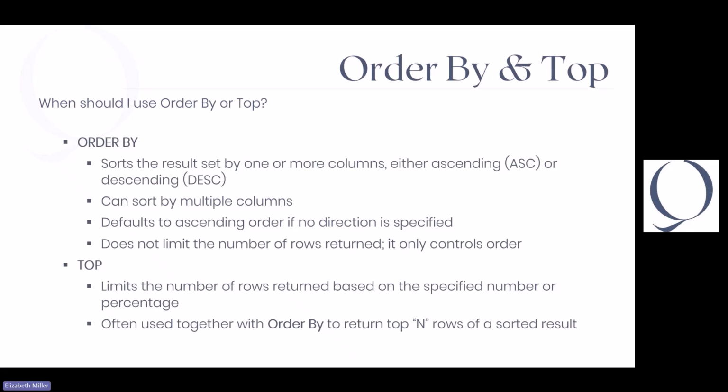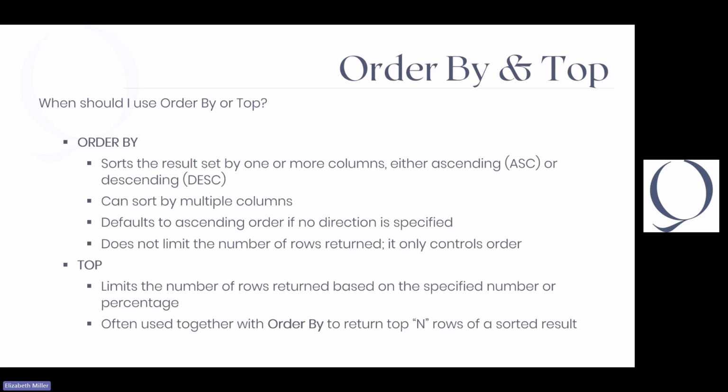Like I said, you can sort by multiple columns. By default, SAP assumes you want ascending order. You do not have to put the ASC after it. If you want ascending, it would automatically do that by the first column in your order by, okay? If you want it descending, though, you have to state that with the extra syntax of DESC.